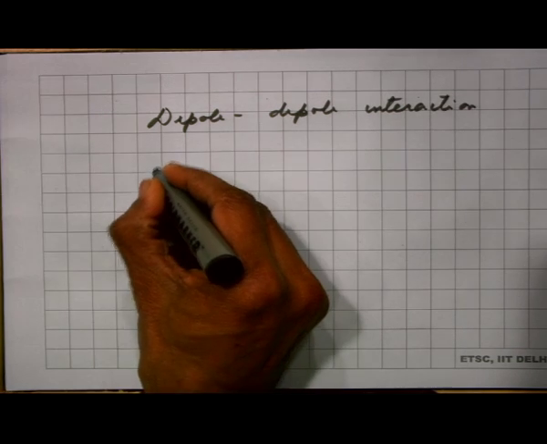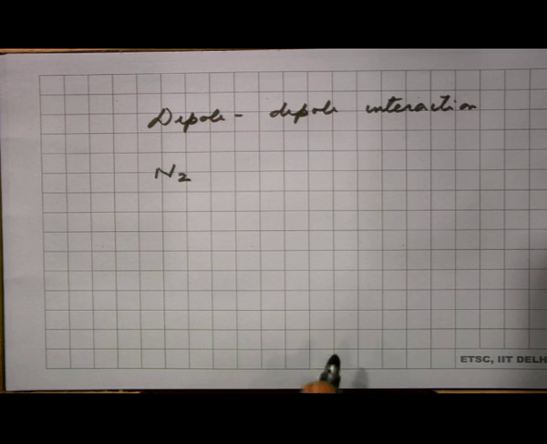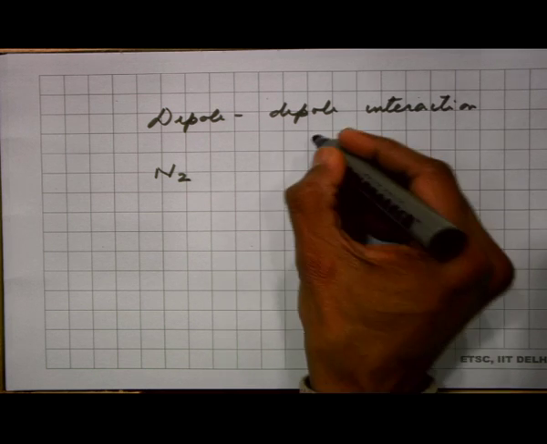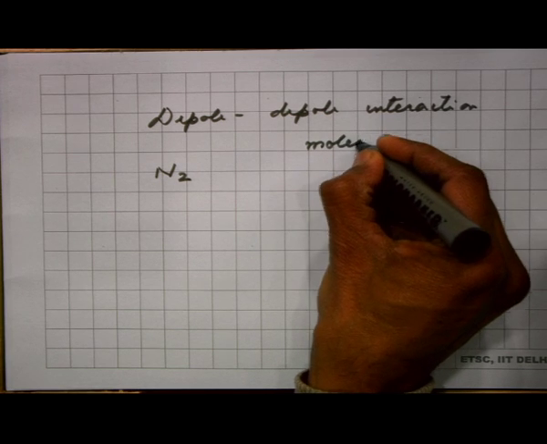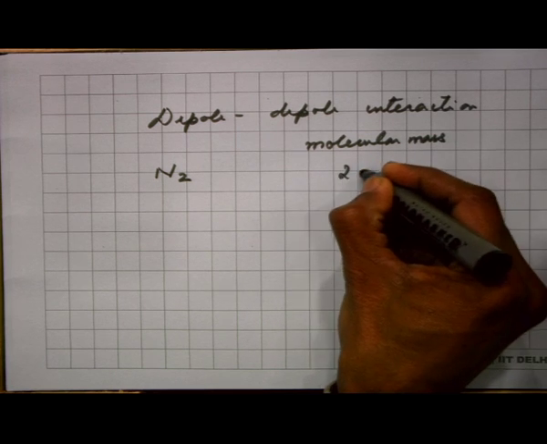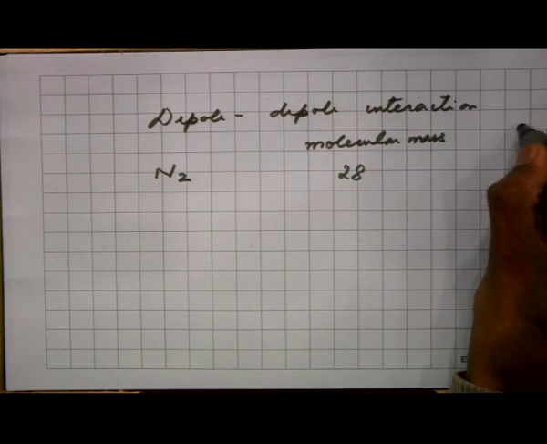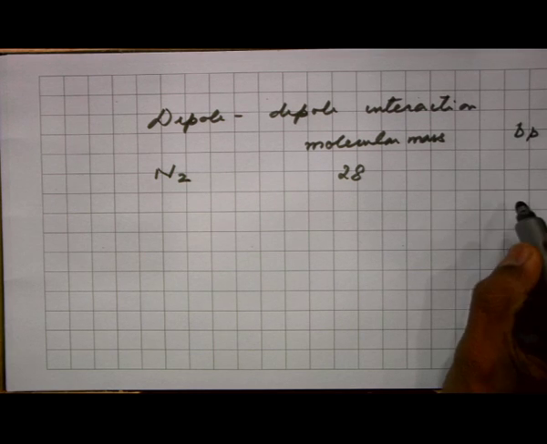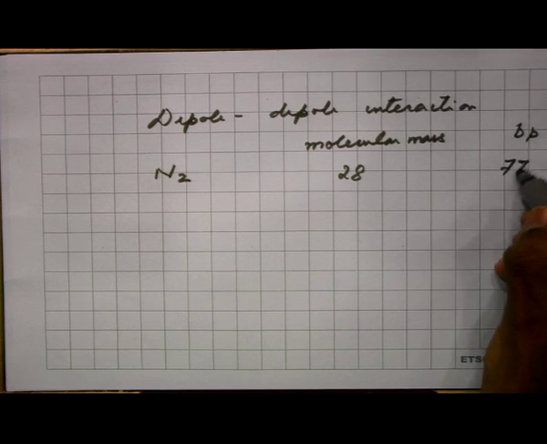You take nitrogen, which is a gas at room temperature, but can be liquefied. It has a molecular mass of 28 and a boiling point of 77 Kelvin.